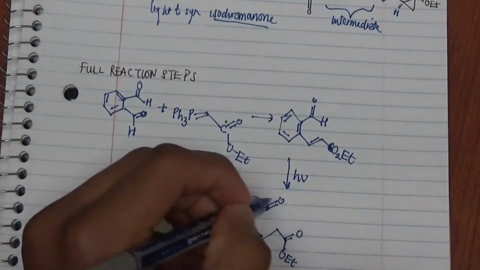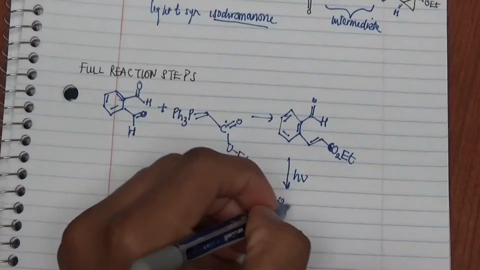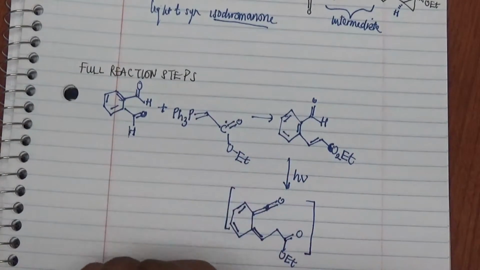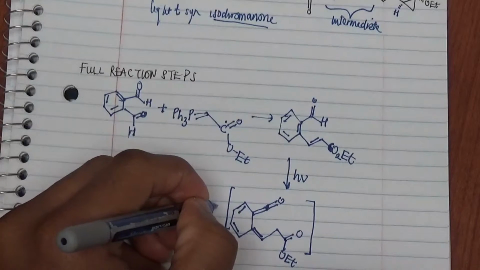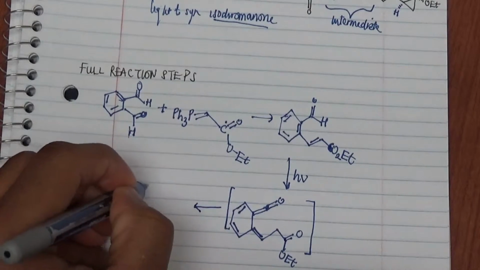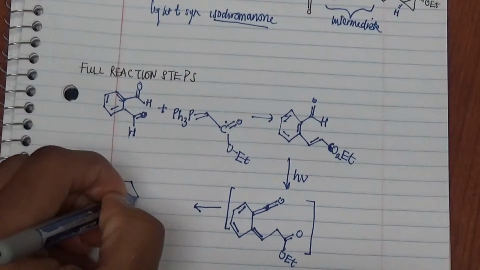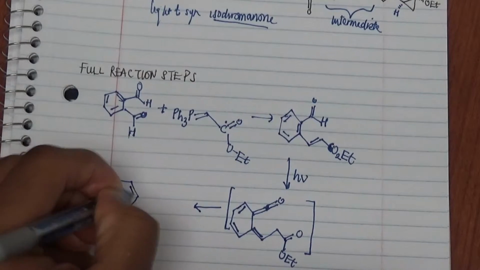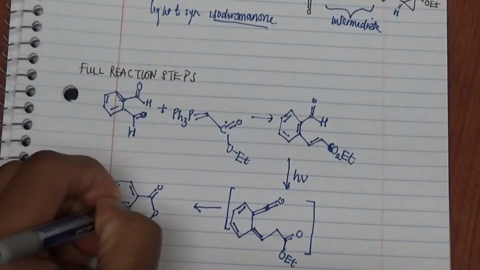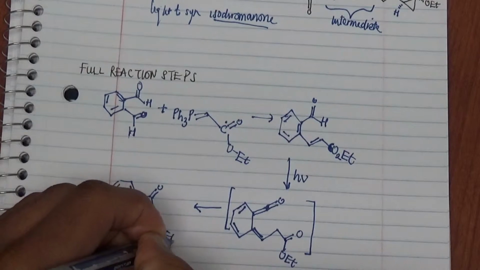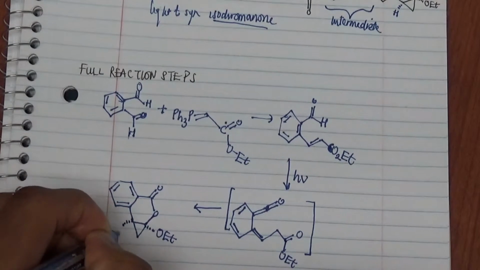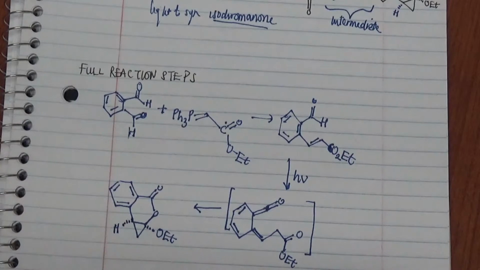Quite interesting that you're going to be forming that, and then once you influence this by light to form this, there's a cyclization process that leads to the formation of our final product, and this is the only diastereomer that we're ever going to produce in this reaction.